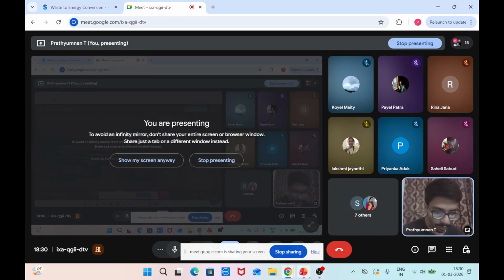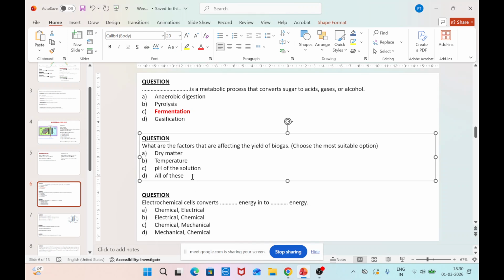Yes, so all the three affect the yield of biogas. Of course, it's not just these three parameters. There are several other parameters that affect the yield of biogas. So apart from these three, any other factor that affects the yield of biogas? Just one or two factors other than the ones mentioned in the options?